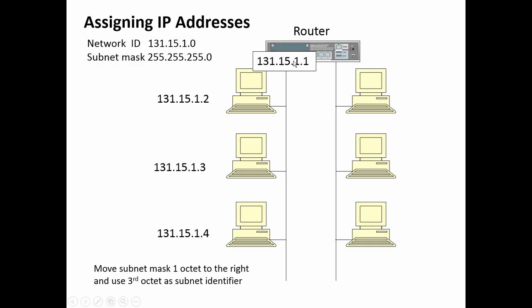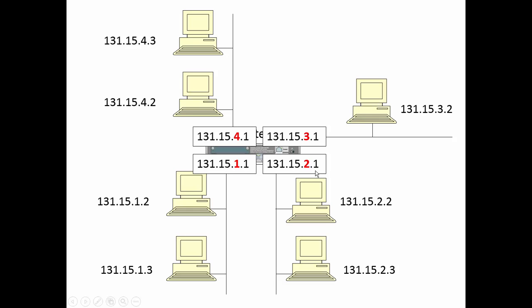So my first network is network 1, subnet 1. And then the second network is subnet 2. And if I slide this whole thing down and to the left, I have 4 networks connected. And they all begin with 131.15 because that was the original network ID that I was assigned. But the subnet ID resides in the third octet.